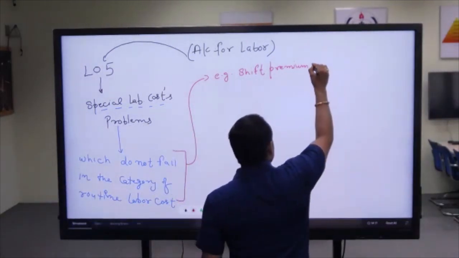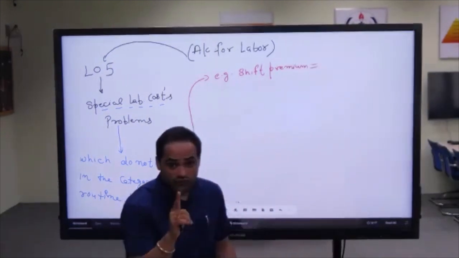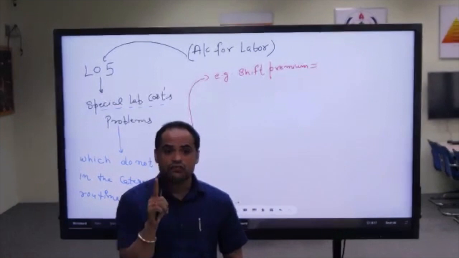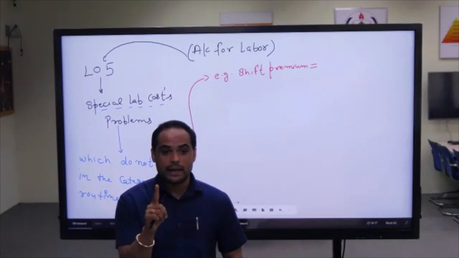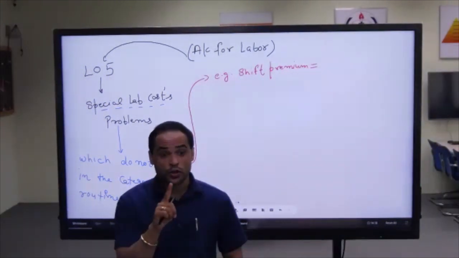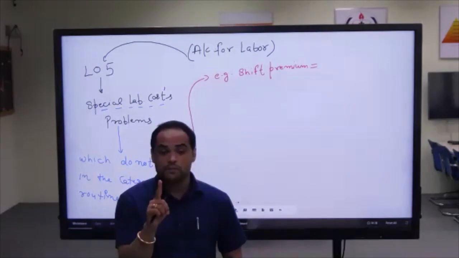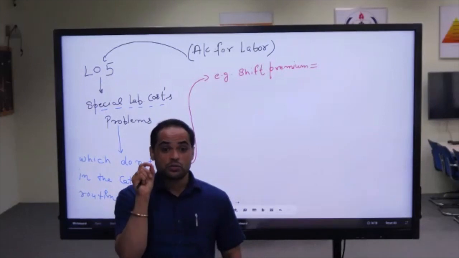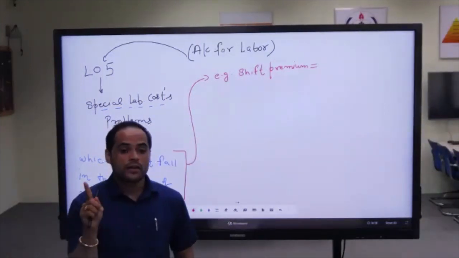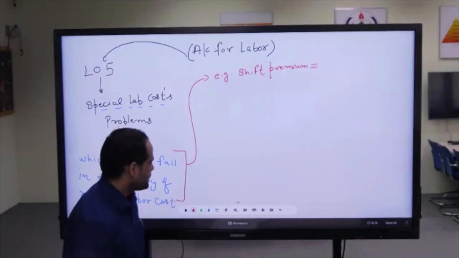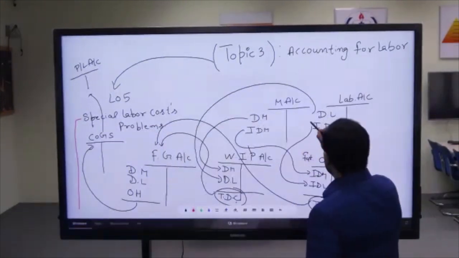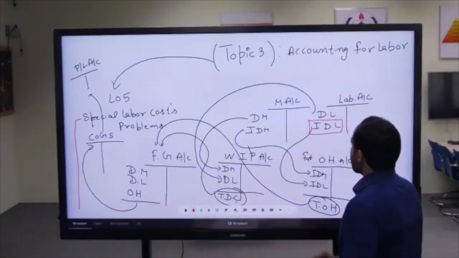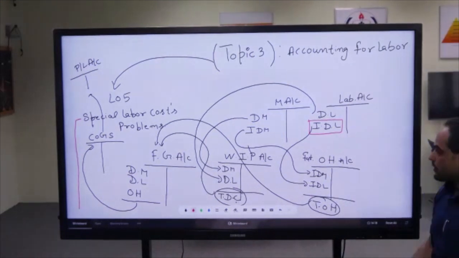So remember, if you have any kind of shift premium, that shift premium is not your direct labor cost. It's not your direct labor cost. Shift premium will be treated as indirect labor cost, which means it belongs to factory overheads, right? It's factory overheads, indirect labor. All right, so let me write it down here.